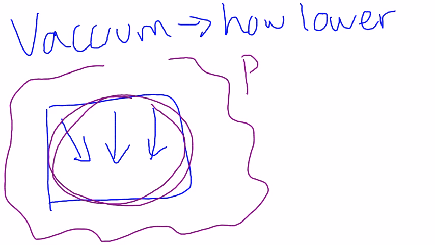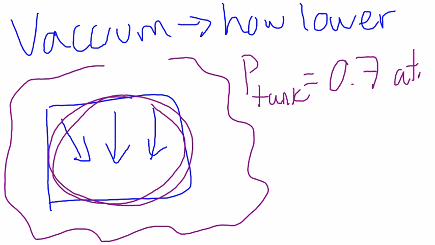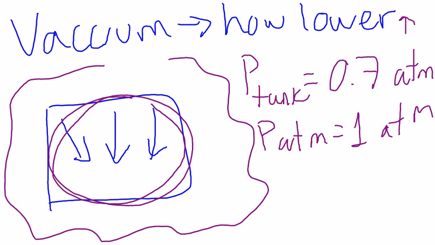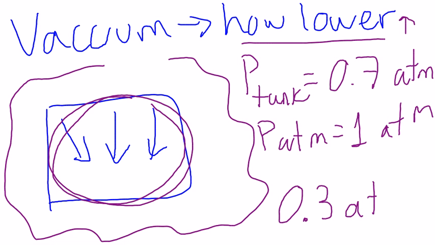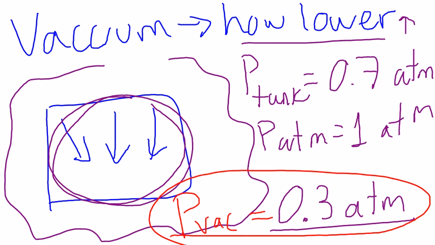If the absolute pressure of the tank is 0.7 atmospheres and we consider that atmospheric pressure is 1 atmosphere, then how much lower are we? We are 0.3 atmospheres lower. So this is the vacuum pressure, 0.3 atmospheres.